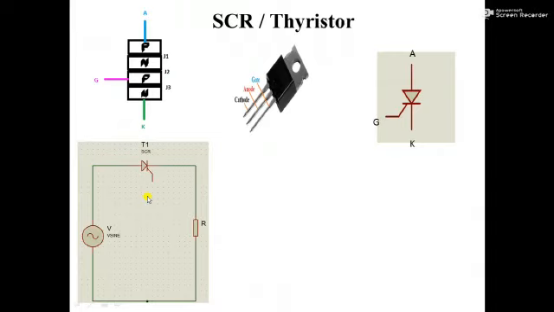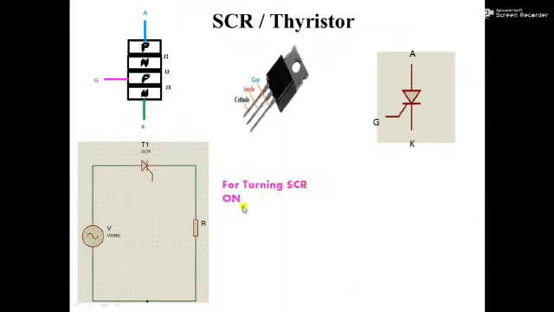Now in short, I will explain when this SCR gets turned on and when it gets turned off. Basically, an SCR or thyristor is used as a switching device in power electronic control circuits. Switching device meaning for some time it will be turned on and for some time it will be turned off.